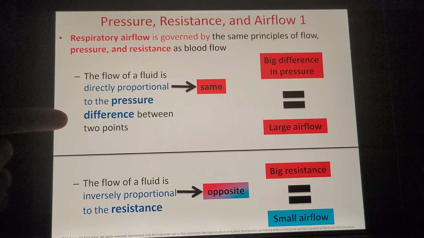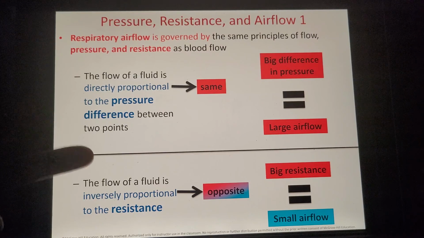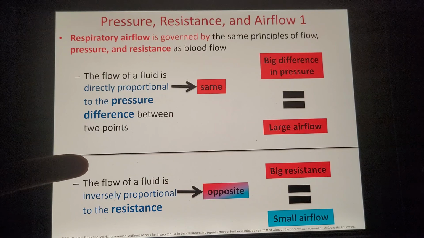If there's a bigger pressure difference, for example a quiet breath versus a big inhalation, you have a bigger pressure difference in that big inhalation because you've expanded your thoracic cage, or chest region, more than in a normal breath, so you're going to bring in way more airflow. So there's a bigger flow of air into the lungs when you're making that nice big breath.